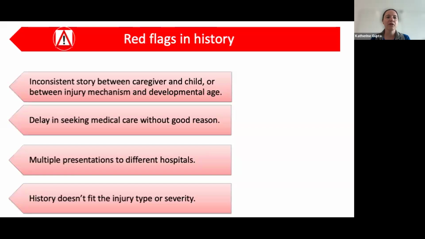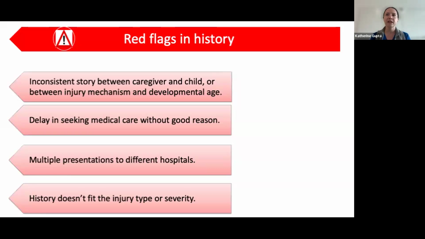So, if you're getting an inconsistent story between the caregiver and the child, or it doesn't make sense between the injury mechanism and the developmental age of the child, that should be a red flag for you. Here's an example of what I mean by the injury mechanism and developmental age.